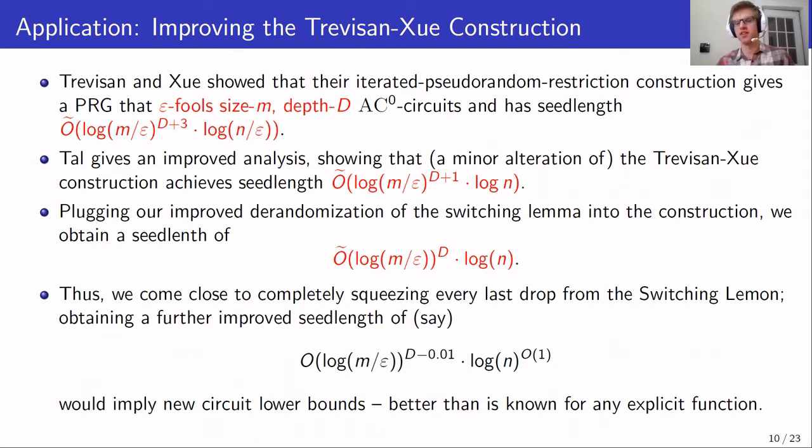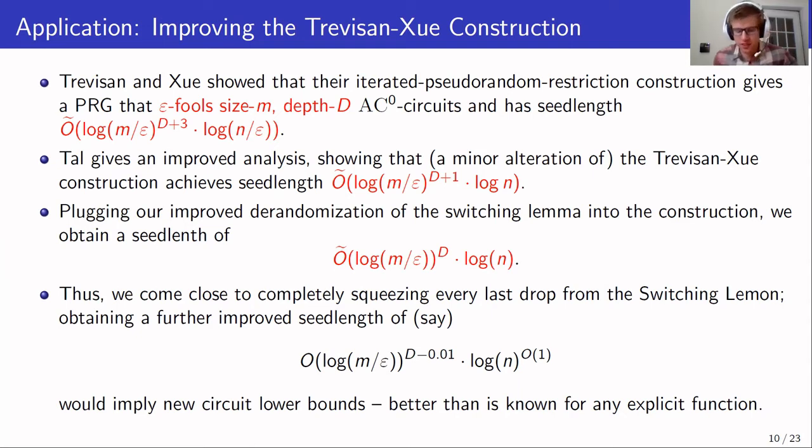How much overhead does your reduction have? How much are you wasting the hardness of the function that you started with? A natural goal is to get a hardness versus randomness reduction with as little overhead as possible, really squeezing all the hardness out of the original hard function.